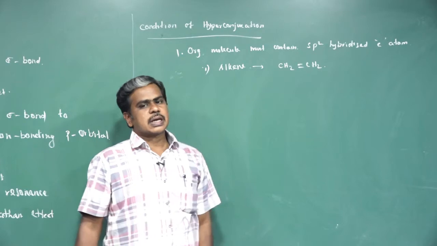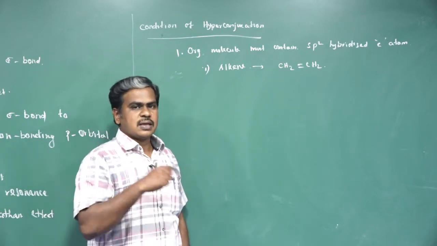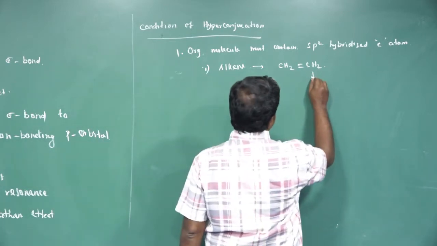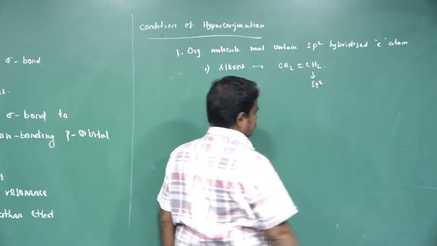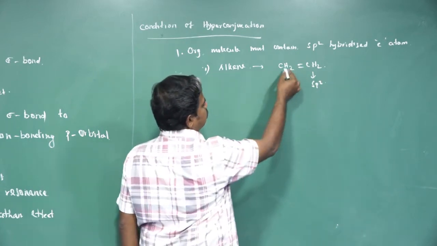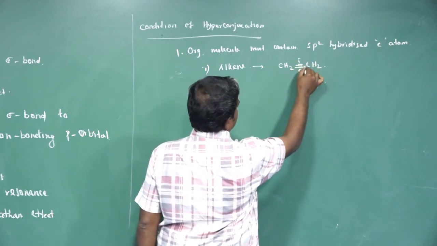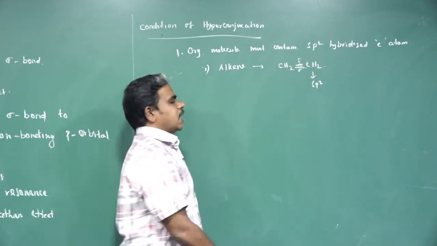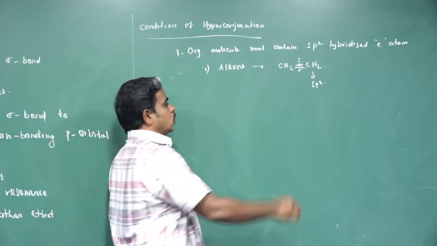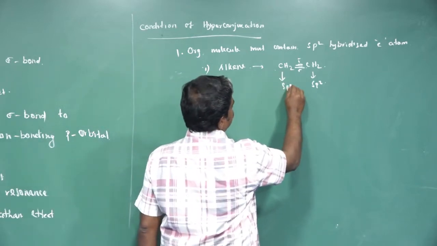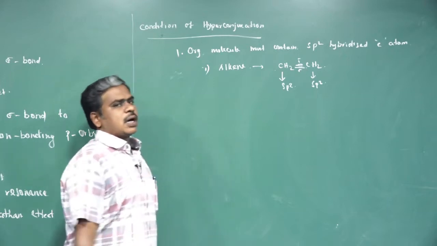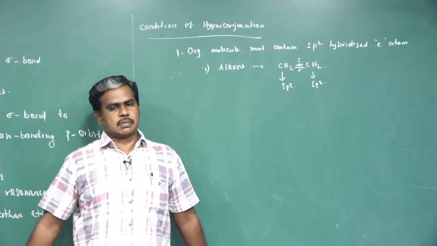So this carbon is surrounded by 3 sigma bonds, so it is sp2 hybridized. The other carbon also has 1 sigma bond and pi bond and 2 sigma bonds with hydrogen, so it is also sp2. So alkenes are mostly sp2 carbon.